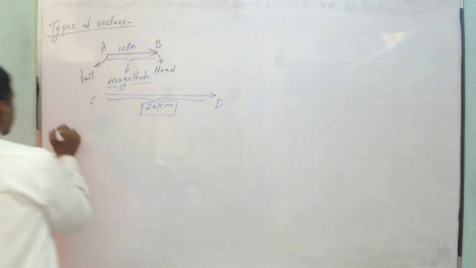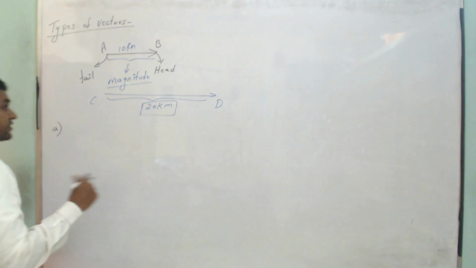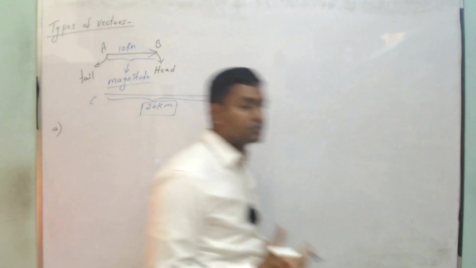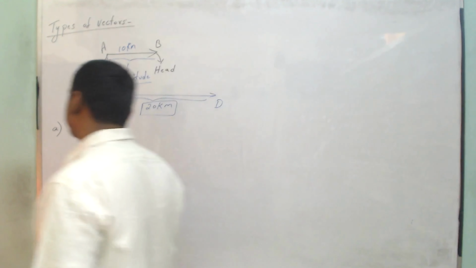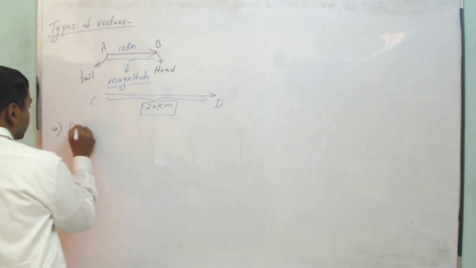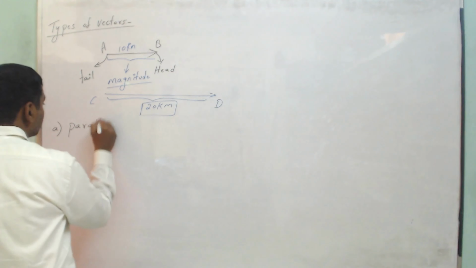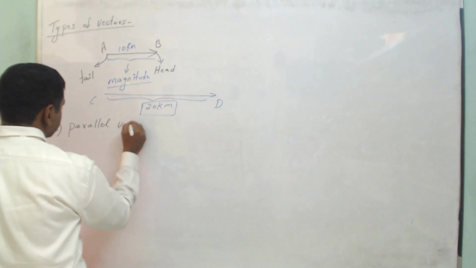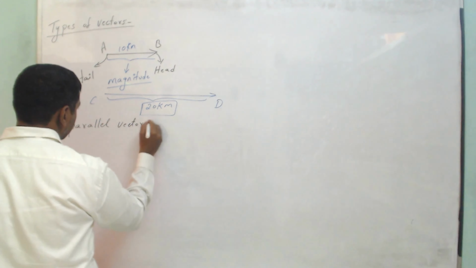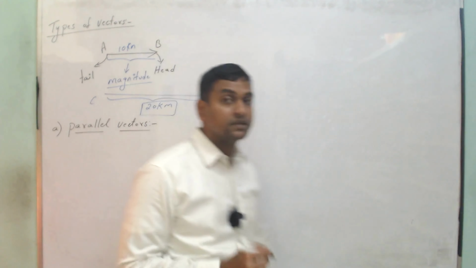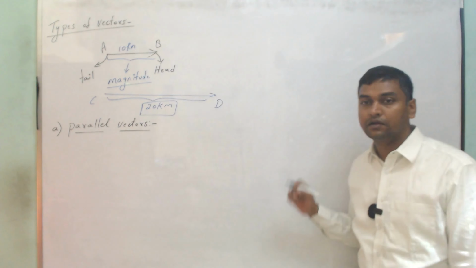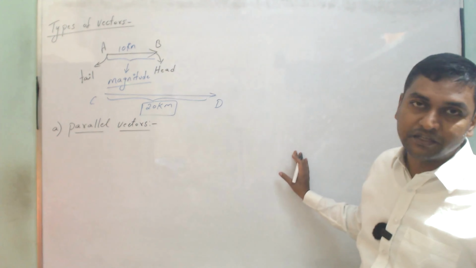Yeah. Now this is geometrical representation. Now coming to the first type of a vector. Okay, so let's say parallel vector. तो आप बताओ कि what according to you are parallel vectors? So the above example is parallel vector. Those two are basically parallel vectors.